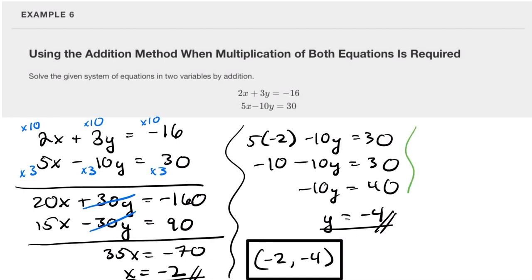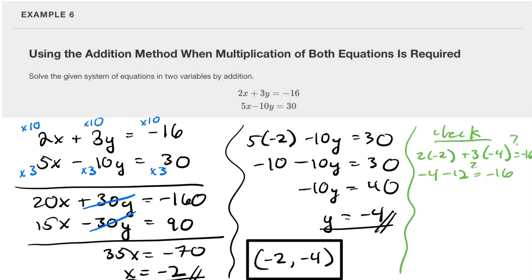And again, we should check to make sure it works in both. So 2 times negative 2 plus 3 times negative 4 equals negative 16. Negative 4 minus 12, negative 16.